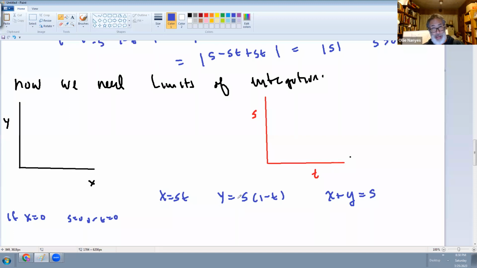But if S is 0, Y would have to be 0 as well. So T equals 0 is what happens.